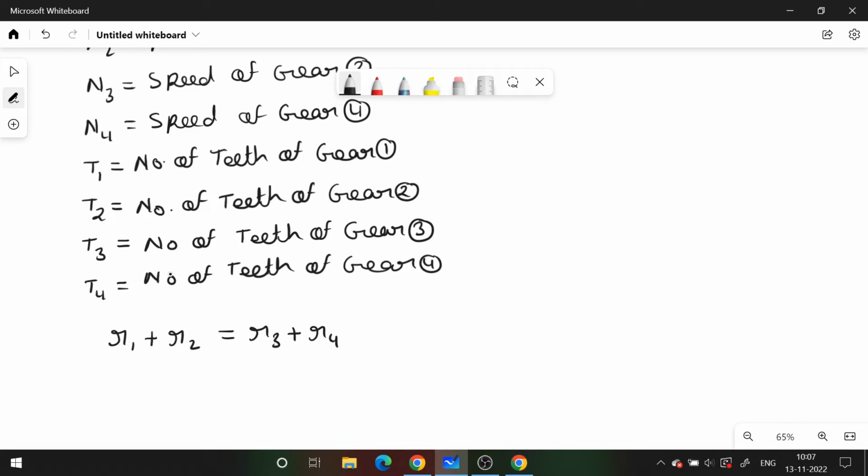If the circular pitch of all the gears is assumed to be the same, then the number of teeth on each wheel will be proportional to its circumference or radius.